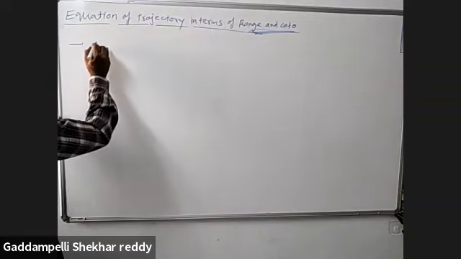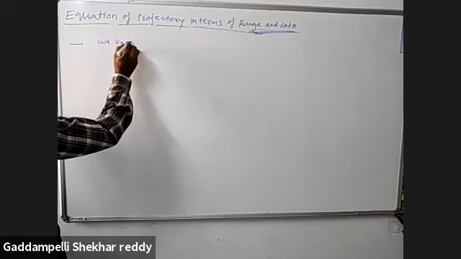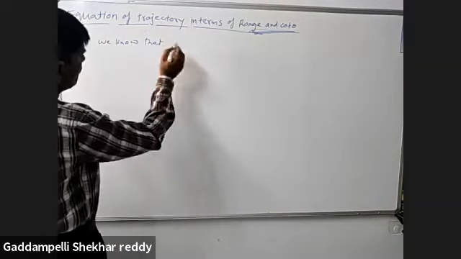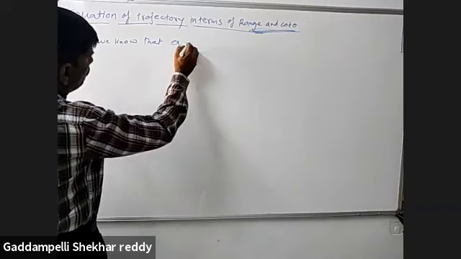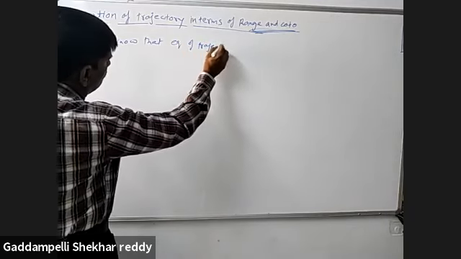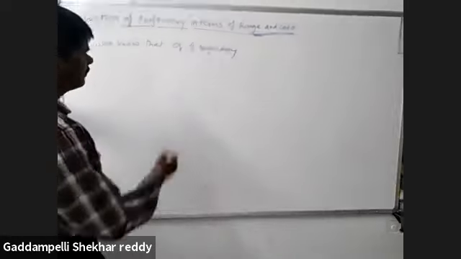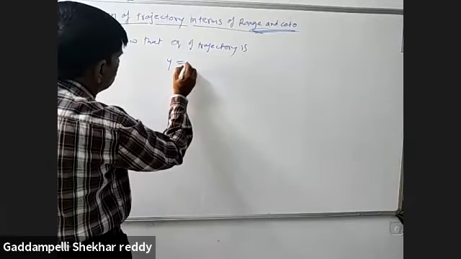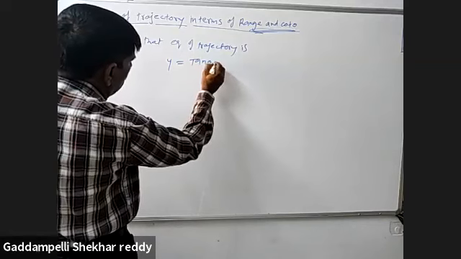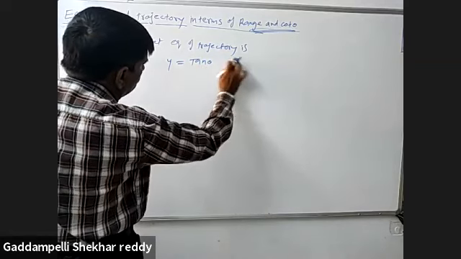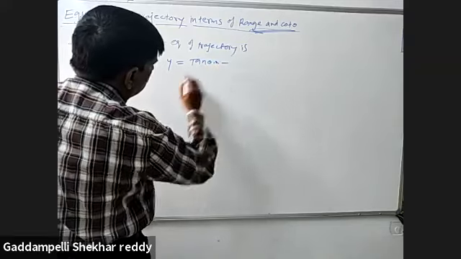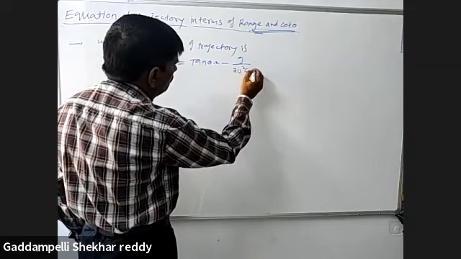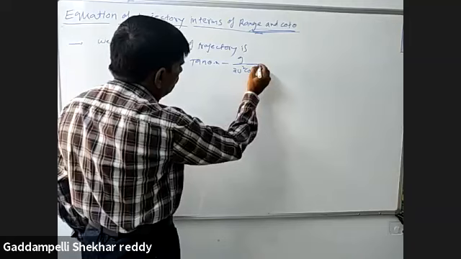We already know from the previous video the equation of trajectory: y is equal to x tan theta minus g by 2u square cos square theta into x square.